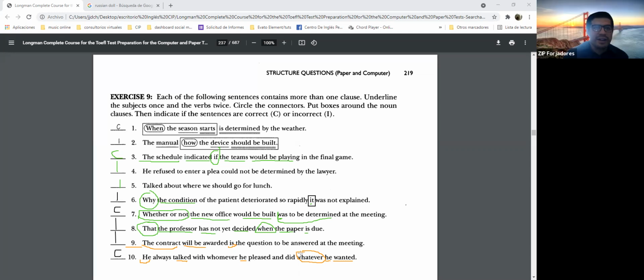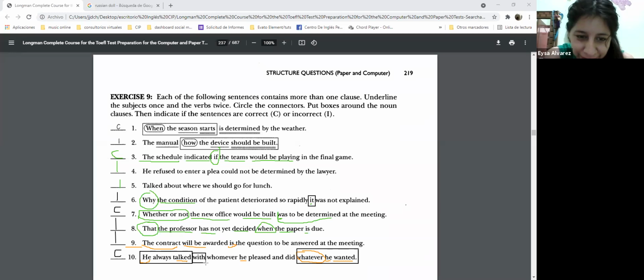All right, so whatever he wanted: whatever is a noun clause connector, subject, verb, this is a clause, all right? So we have another clause that is he always talked. This is another clause. I am not going to take this one with whomever he pleased and did because it starts with a preposition, right? So this is a preposition.